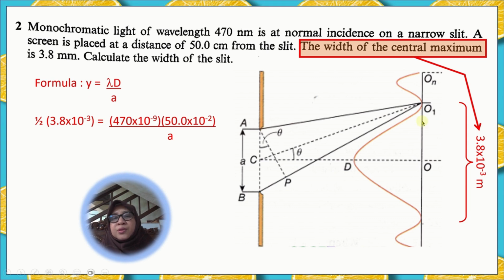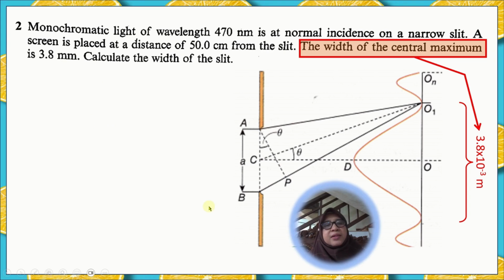This one is the central bright maximum, so the width is double y, and y is measured from O to the first minima. So we divide 3.8 times 10 to the power of negative 3 by 2. Then we substitute the wavelength, converted to meter, and D, 50 centimeter converted to meter, and we can get a. So the answer for a is 1.24 times 10 to the power of negative 4 meter.